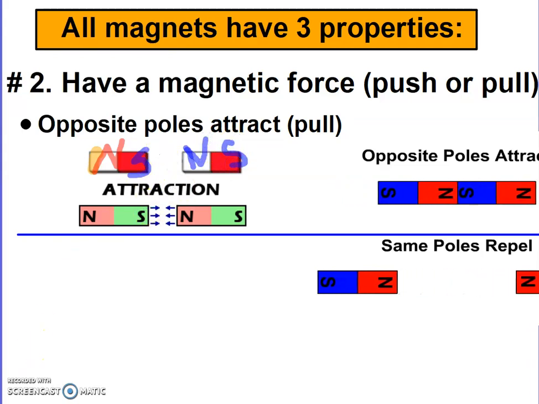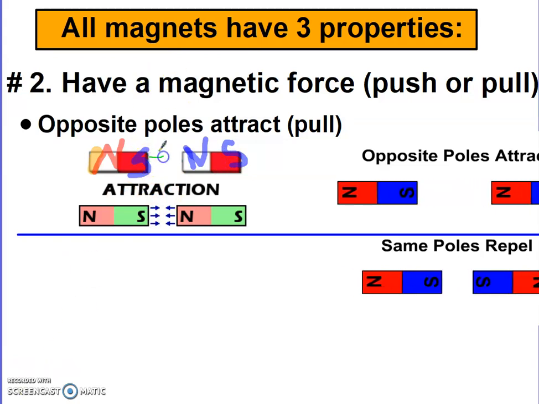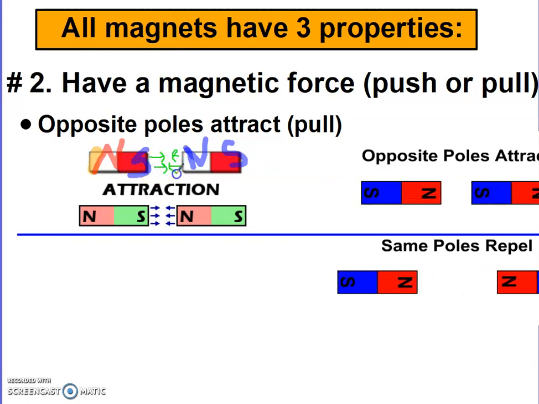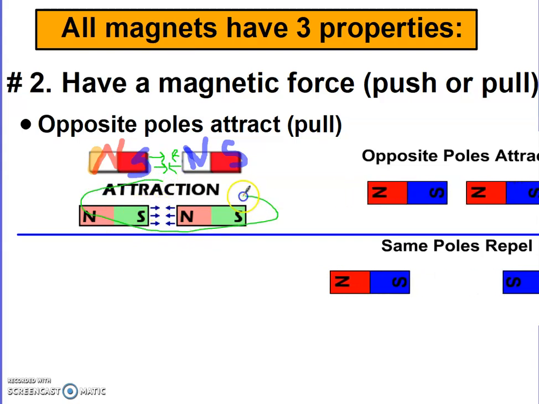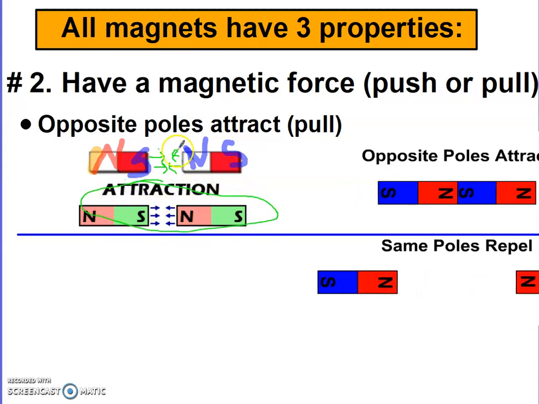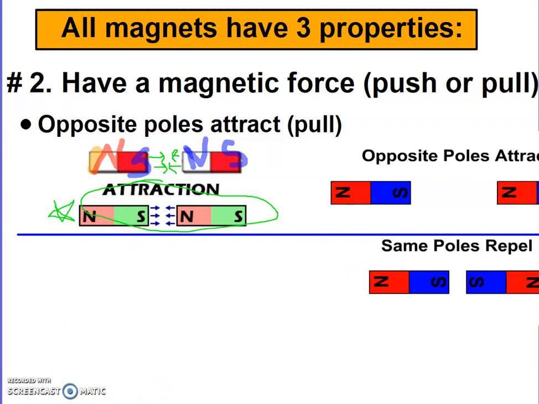And then you would also want to show the individual attraction. So these lines here are what you would draw to show that attraction. Okay, so there you go. It looks pretty much like this one. Yours is probably going to be a little bit neater. I was using a highlighter there and didn't mean to. So this is what it should look like. If it doesn't look like this on your paper, you will not get credit, okay? Hopefully it's not as sloppy as mine looks, but please make sure it looks that way.